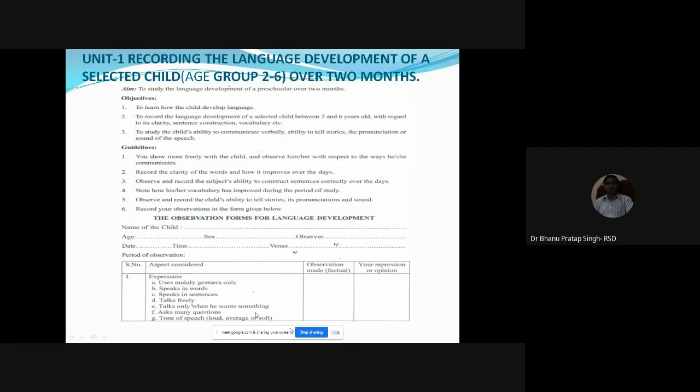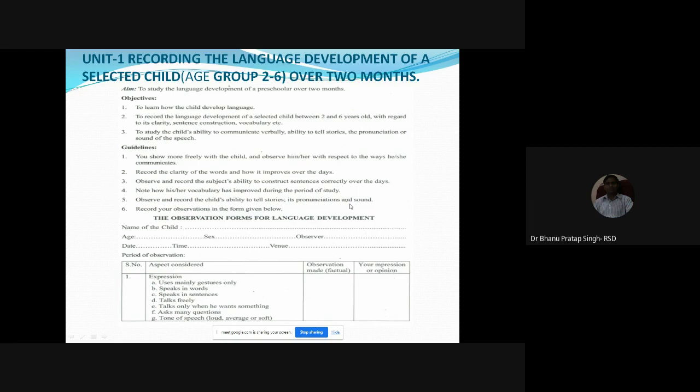And what is the tone of the child? Means is it loud, average, or soft? So you have to write your observation in this particular blank space, and you may write your specific opinion and impression, or you may even write suggestions also.